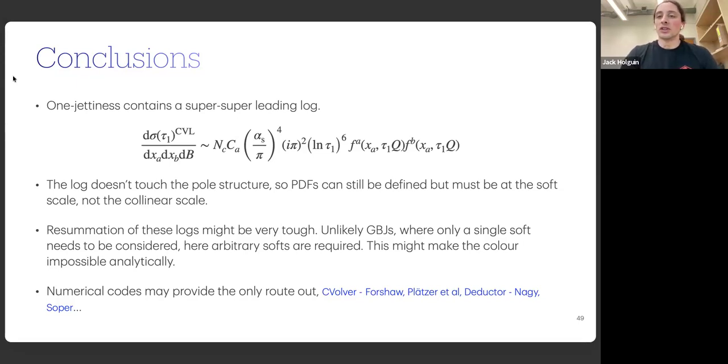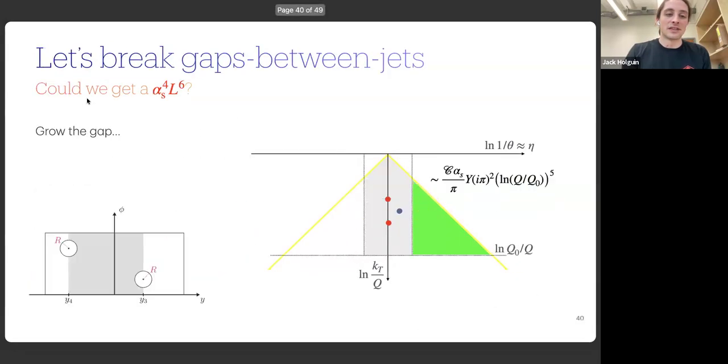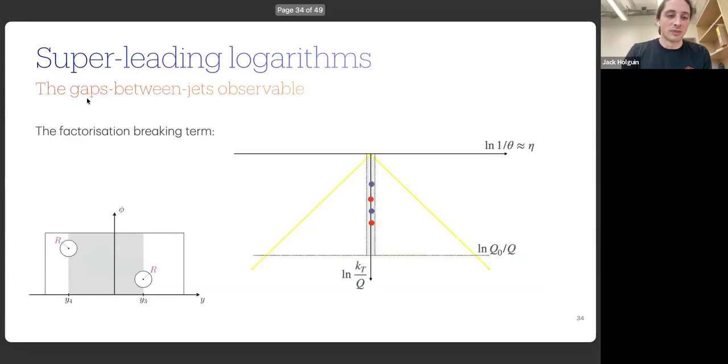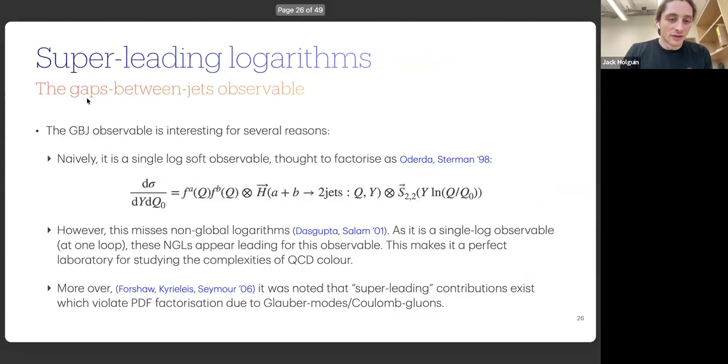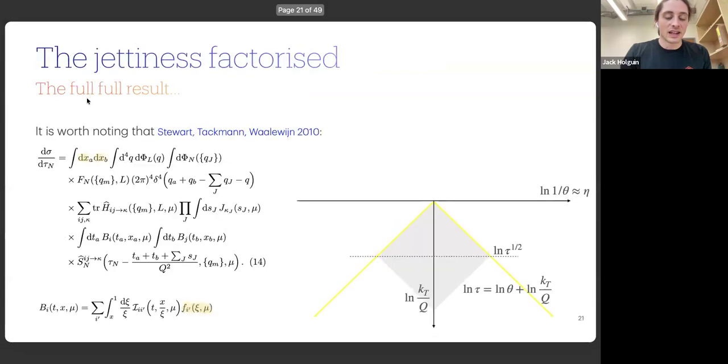If you're sufficiently inclusive, Collins-Soper-Sterman holds, and so you could look at very low scales and use the Collins-Soper-Sterman style factorization. And then you can also define an effective field theory, which you think captures all the QCD singularities within a given leading power, and look at how that EFT factorizes as you compute the full thing. And that's how you get to this factorization that Stewart and collaborators wrote down for jettiness.